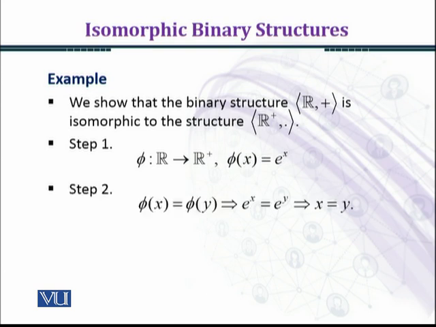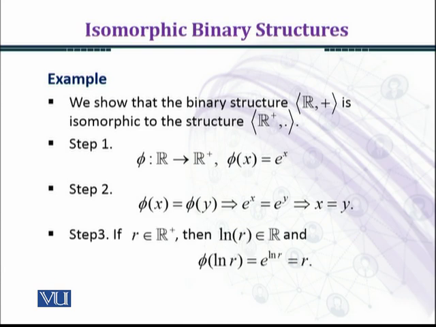To prove the condition of one-to-one, we take images of two elements x, y in R. The image of x will be phi(x) and the image of y will be phi(y). We equate them: phi(x) equal to phi(y) implies e^x equal to e^y, because we defined our map as phi(x) equal to e^x. If you apply log on both sides, we get x equal to y. This means that if the images are equal then the elements are equal. Therefore phi is one-to-one.